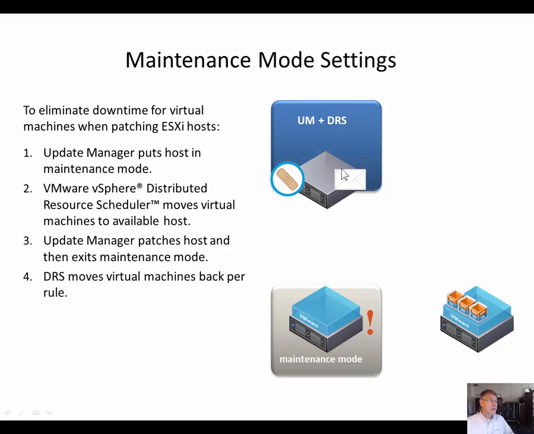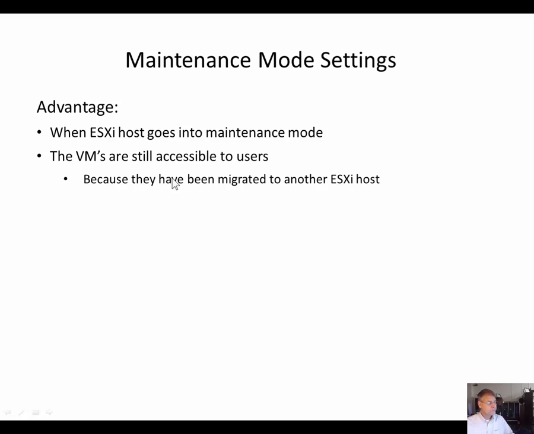And then step 3, the Update Manager applies the patches to the ESXi host, and then the virtual machines are moved back to the ESXi host. The advantage of this is that when the ESXi host goes into maintenance mode, the virtual machines are still accessible to the users, because they have been migrated to another ESXi host using vMotion.